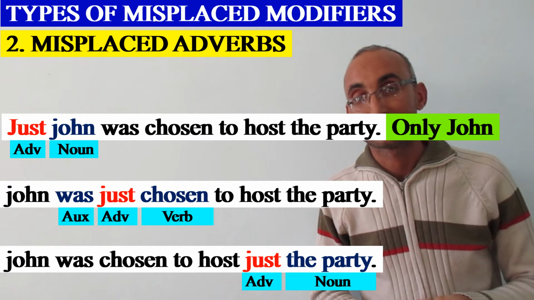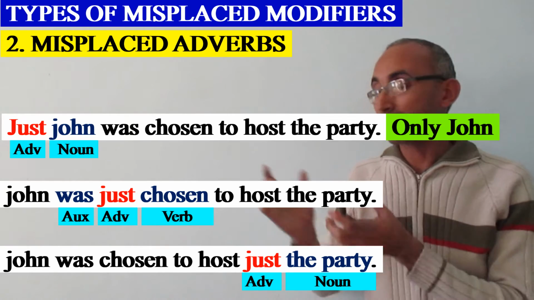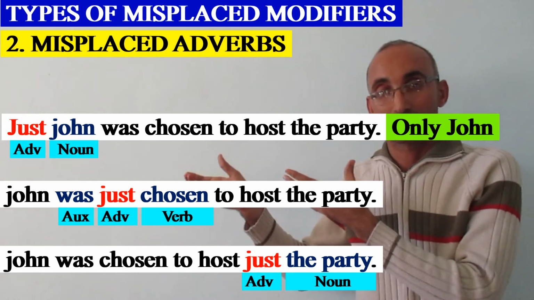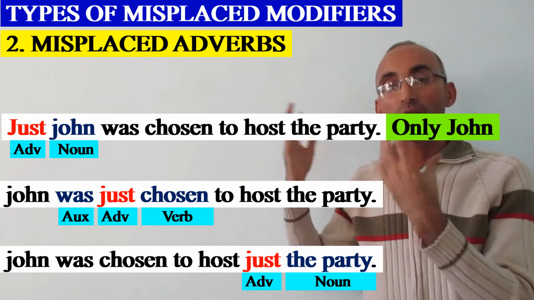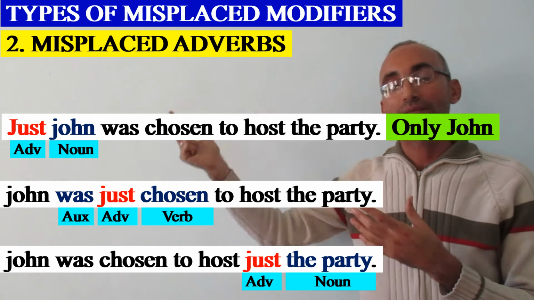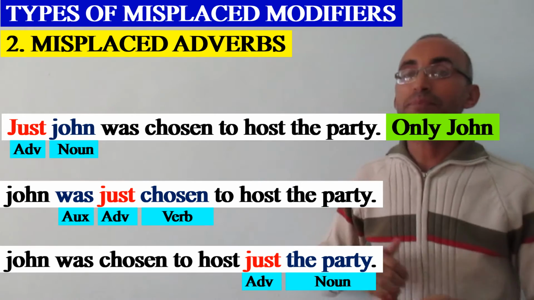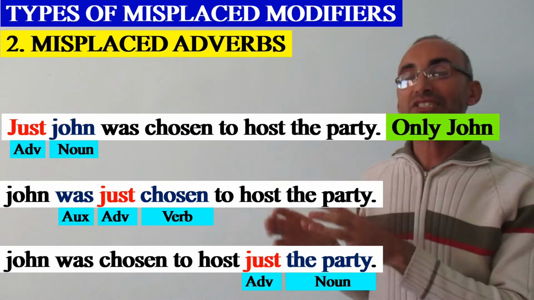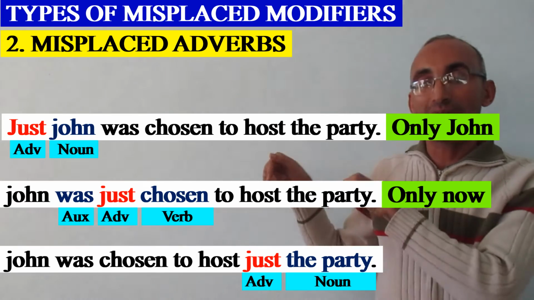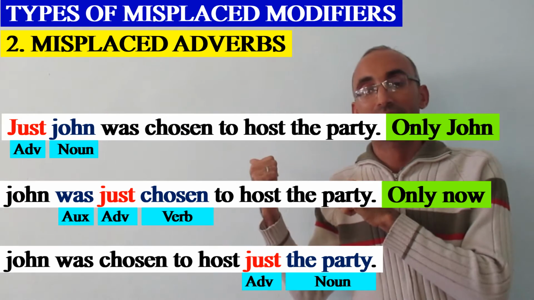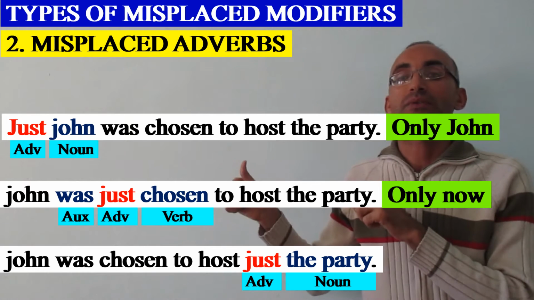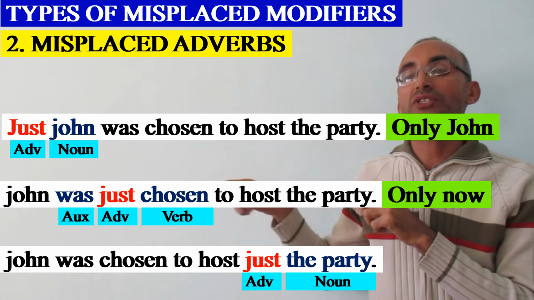Clear? Here is an exception, when just modifies a noun, because usually adverbs modify a verb, adjective, or another adverb. Second example, John was just chosen. It means only now, not at a time in the past. Just chosen to host the party.